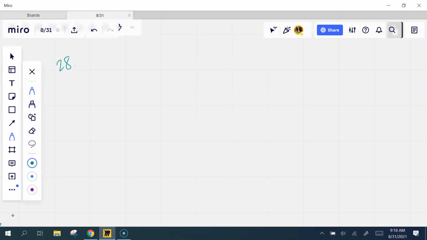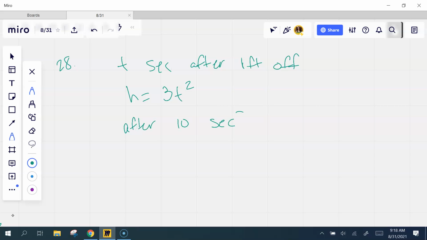At t seconds after liftoff, the height of a rocket is 3t squared. How fast is the rocket climbing after 10 seconds?